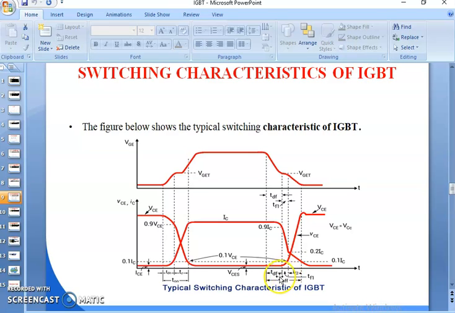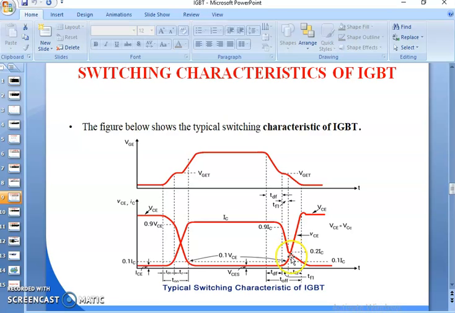And then after the turn off delay time, the curve is sharply downward in nature, and the collector current value is also sharply downward, and the collector emitter voltage VCE value starts increasing. Whenever you reach this instant, another interval arises, that is TF, your falling time.